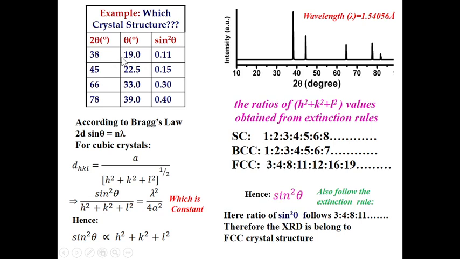So for this example we found that the ratio we found for the face centered cubic will be matched with this ratio. So 0.11 by 0.15 will be matched with 3 by 4. 4 by 8 will not be exact but more or less matched with 0.5 by 0.15 by 0.3, and here you can check 8 by 11 will more or less match 0.03 by 0.4.